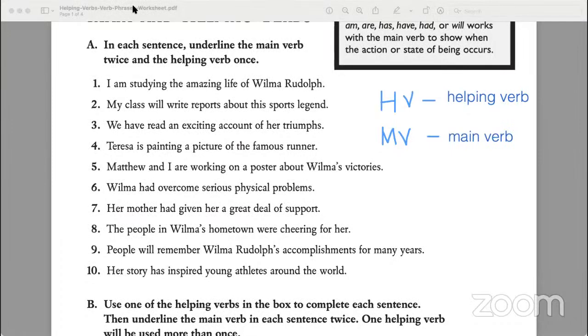Can someone tell me? Can someone have a go with the first one?